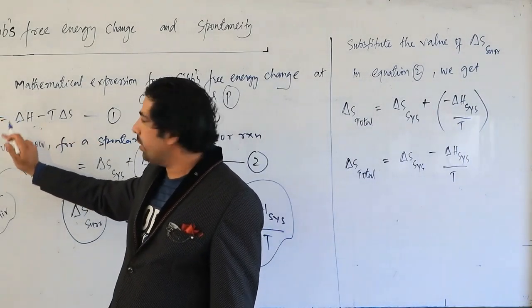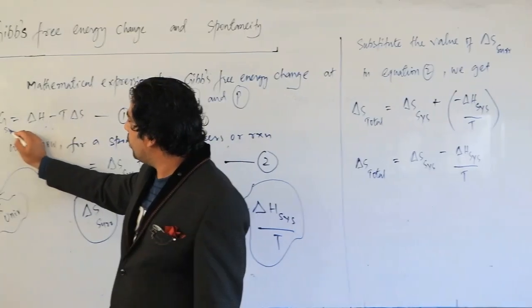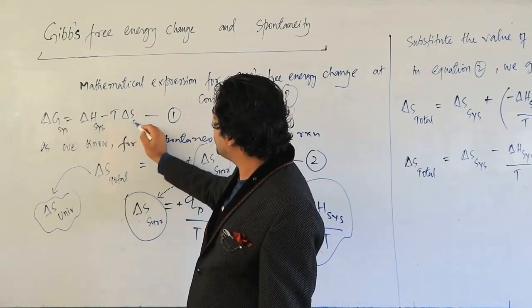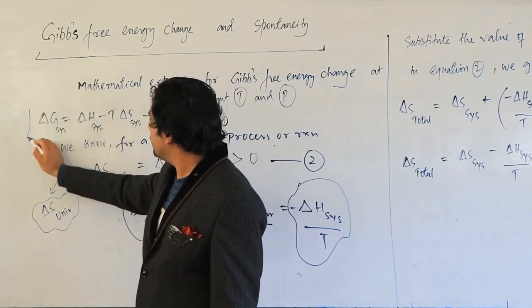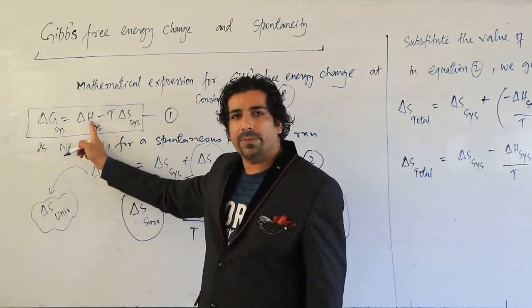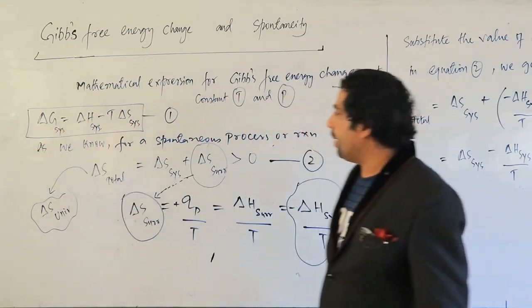If you focus right out here, you will find this is basically your delta G system, delta H system and delta S system. Let us relate it only to the system. Please focus right out here and see this particular thing. So you can mention that thing.